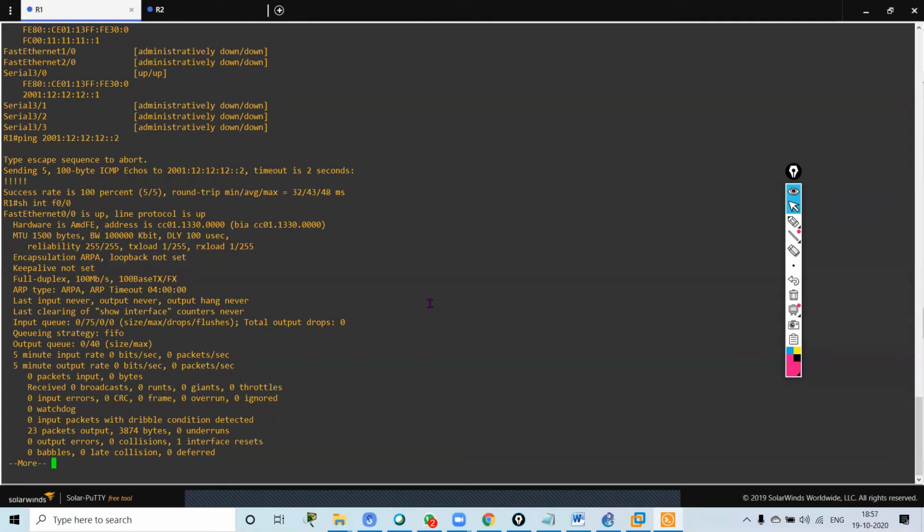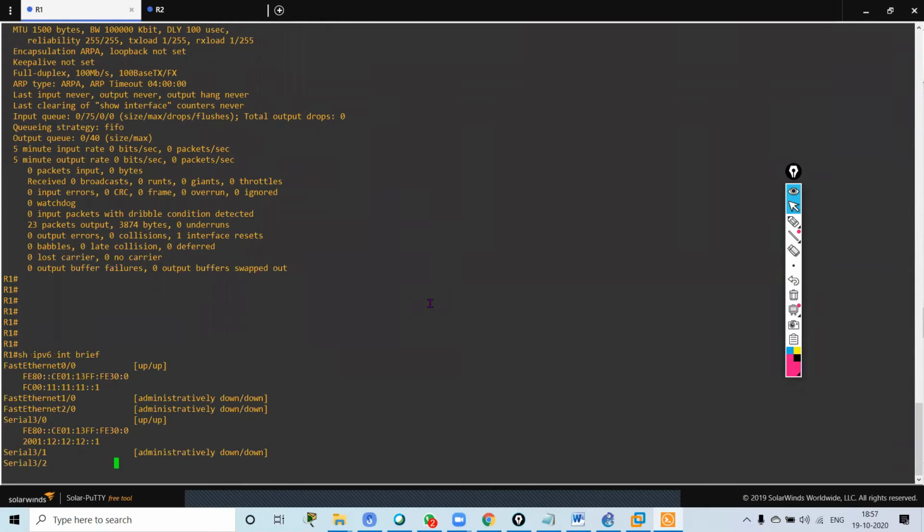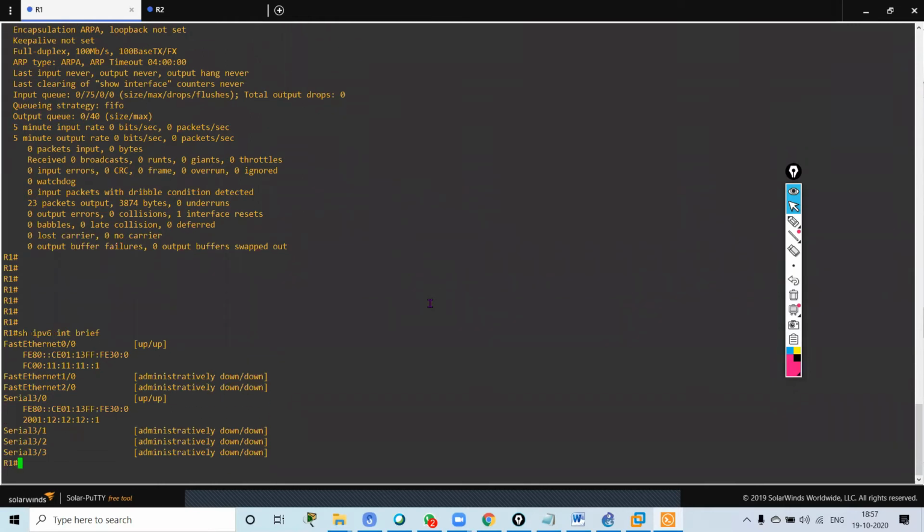See, this is the link local address. You can see show IPv6 interface brief, FE80. I want to change this address. How can I change it? One thing I can do is manually.